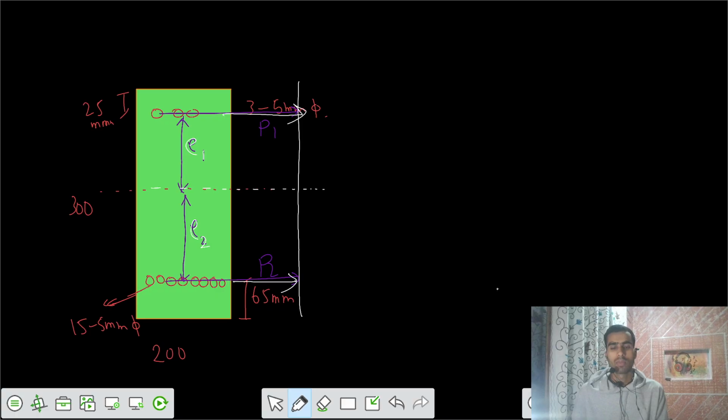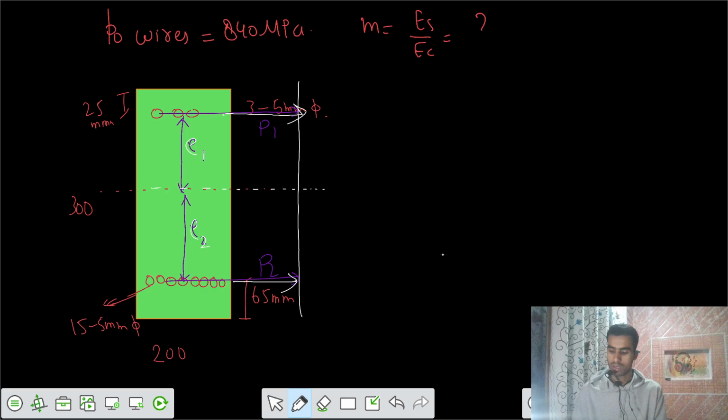Okay, so this was your problem, and after that we are saying that the initial pre-stress in the wires is 840 megapascal. And it's also said that the modular ratio can be solved as ES by EC equals 210 kilonewton per millimeter square divided by 31.5 kilonewton per millimeter square.